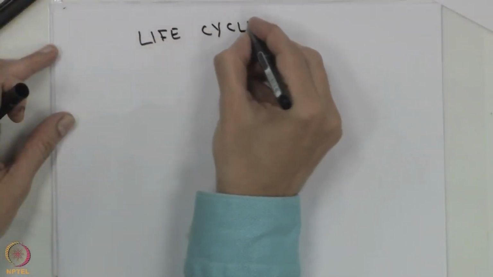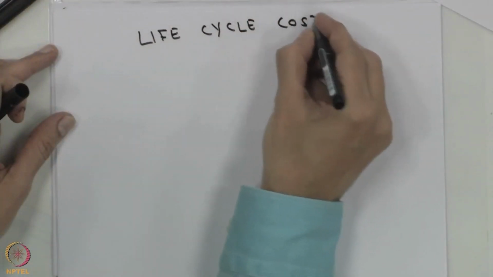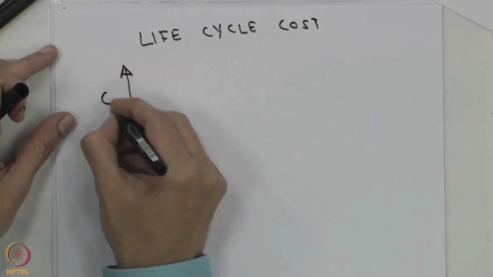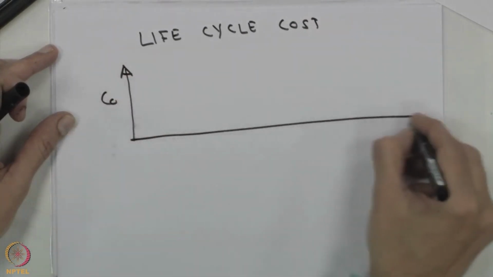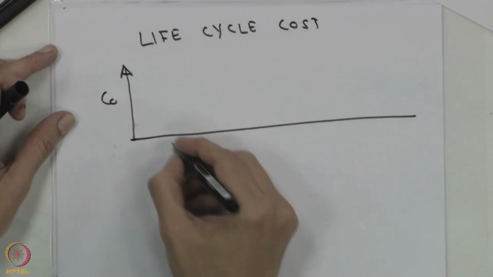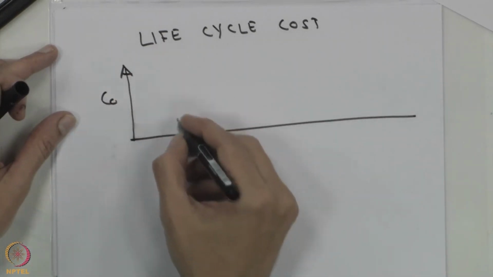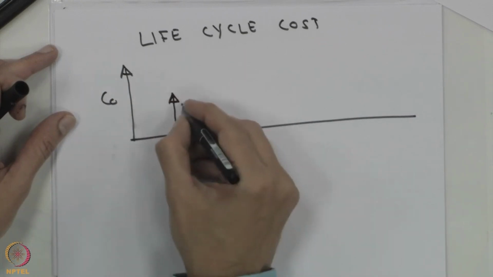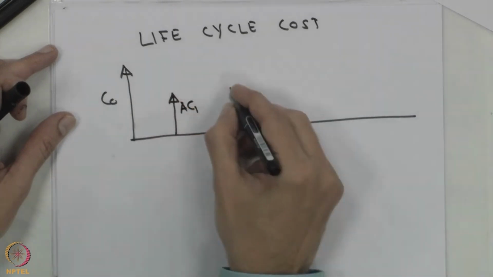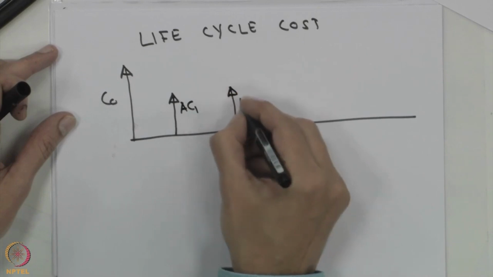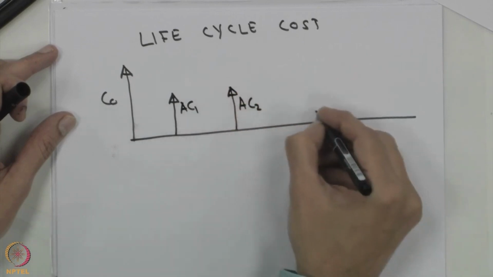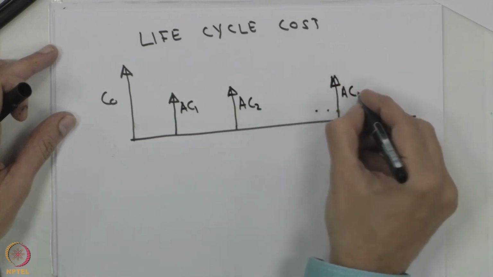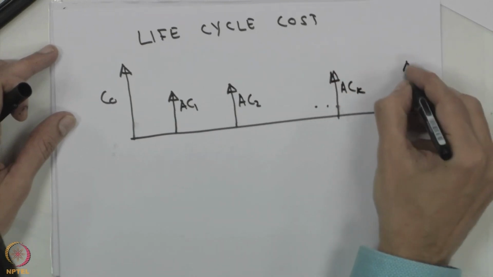We are taking here the upfront cost C0, and then every year we have associated with it an annual cost. So there will be an annual cost AC1, AC2, and ACK, ACN.